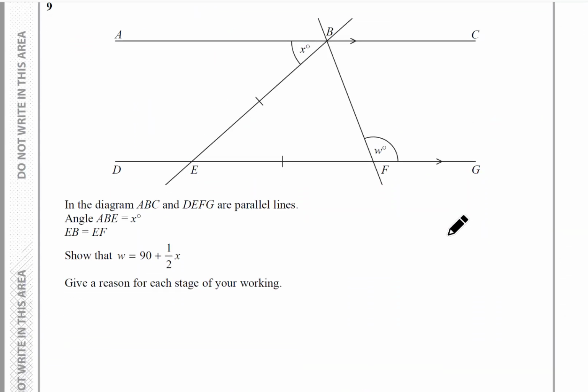Right, question 9. We've got to use our parallel lines knowledge with algebra skills. So w equals 90 plus a half x. We've got to show this. EB equals EF, so these lines mean it's isosceles. What do we know about isosceles triangles? Its base angles are the same.